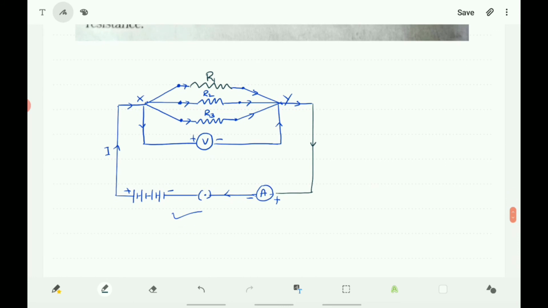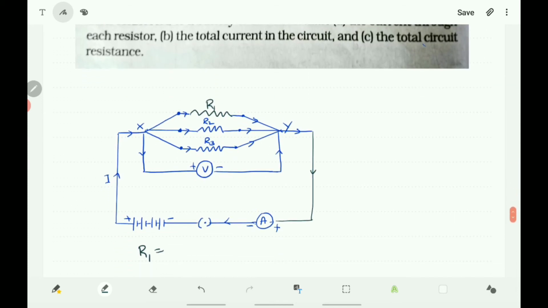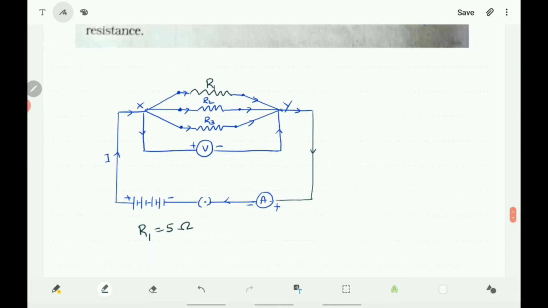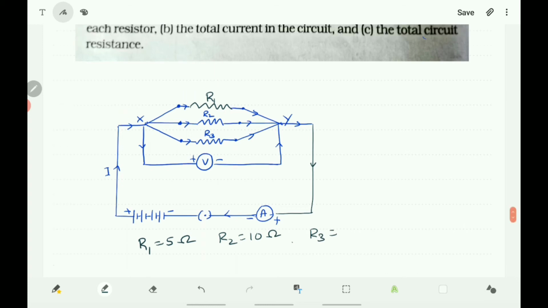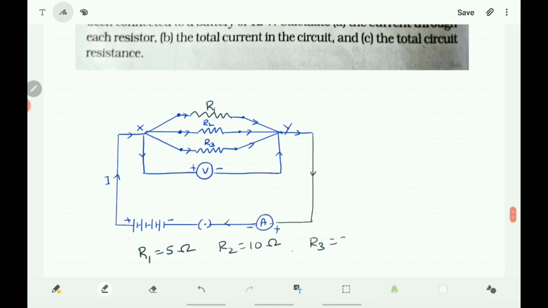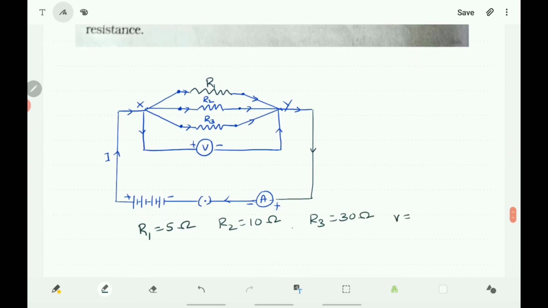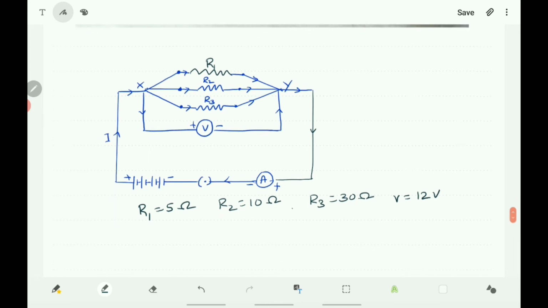So let us write here R1 is equal to 5 ohm, R2 is equal to 10 ohm and R3 is equal to 30 ohm. Then here V is equal to 12 volts.